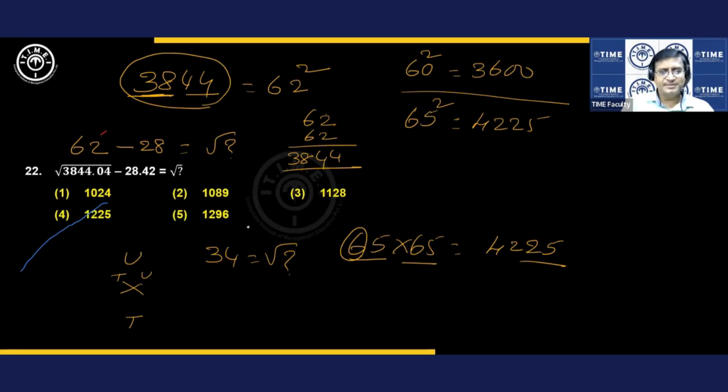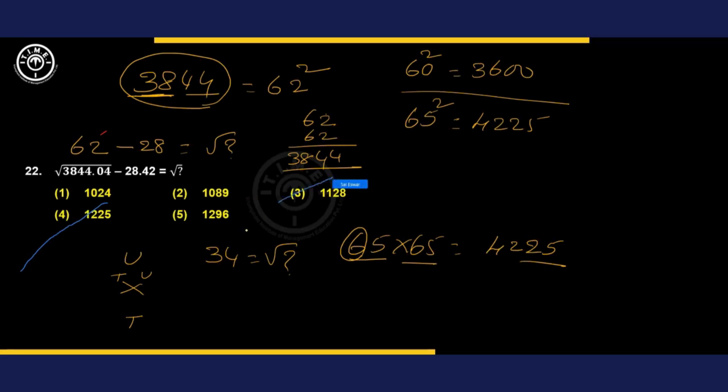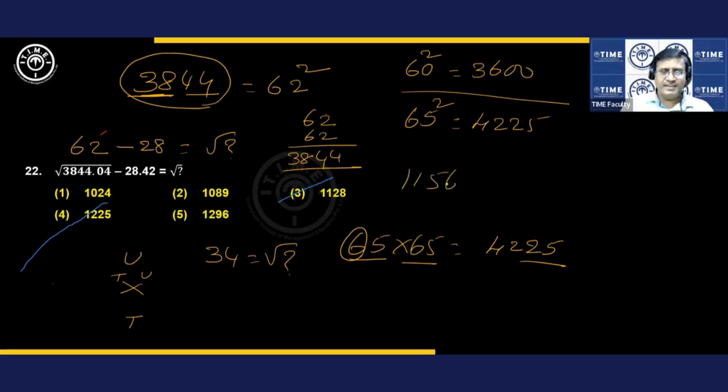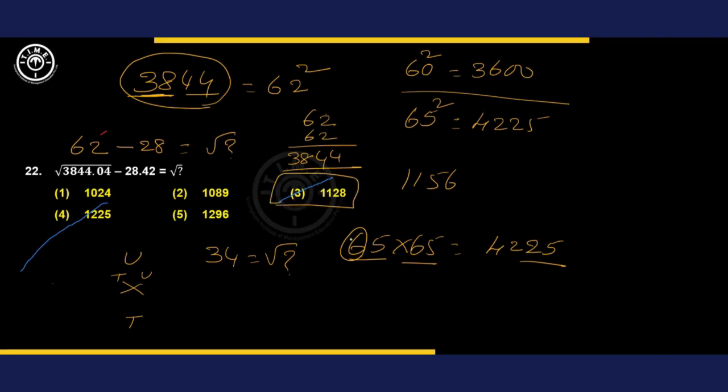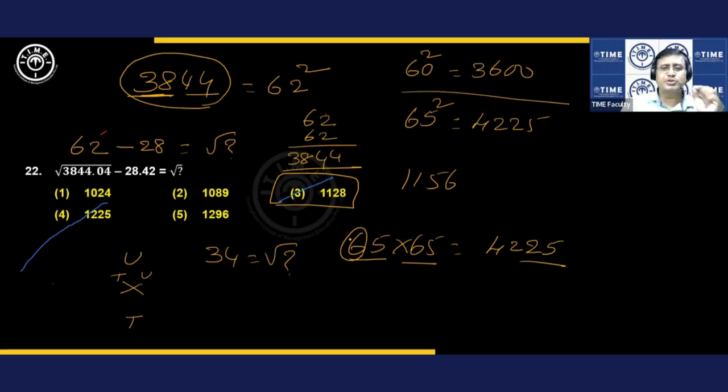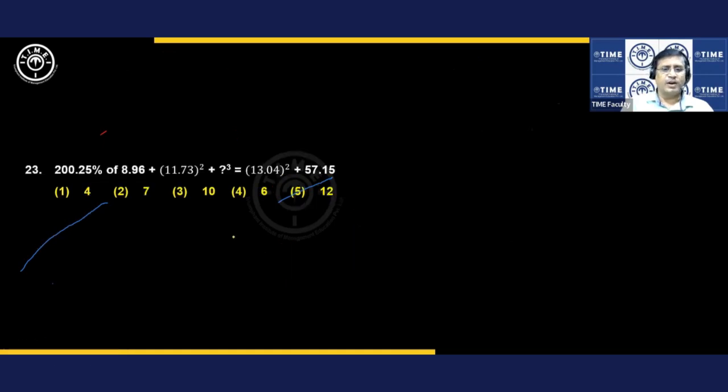Which option is correct here? No answer. So 1156. What is the closest answer? 1128. Approximation is the closest one. Sai, please erase this one. Okay, now look at next one.